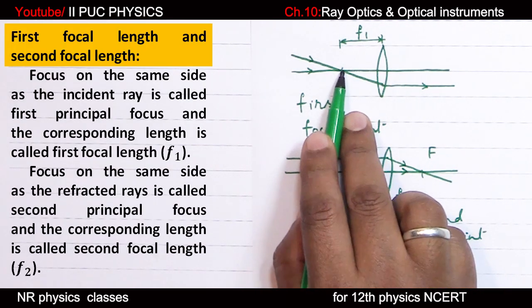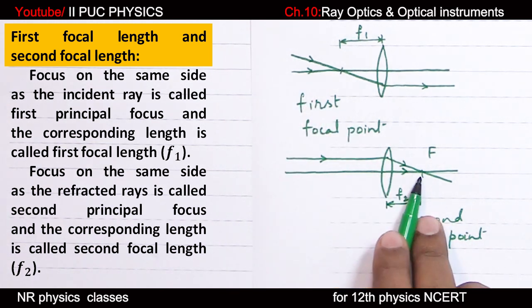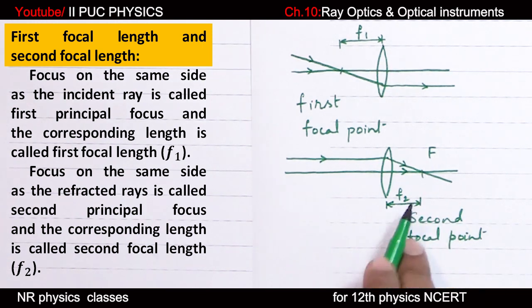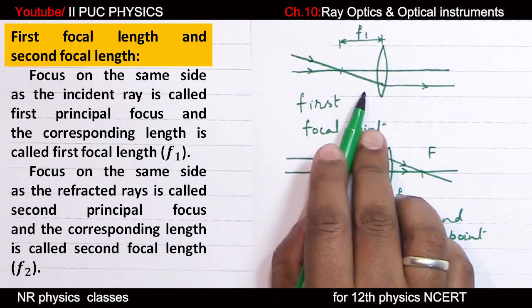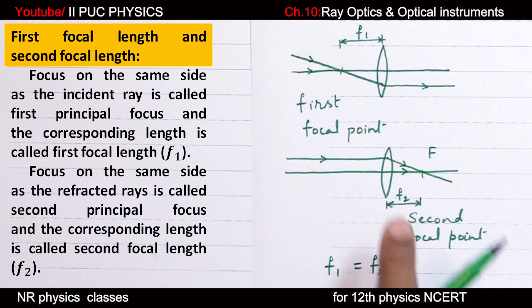The focus on the same side as the incident rays is called the first focus. The focus on the same side as the refracted rays is called the second focus. And surprisingly, f1 equal to f2. These two lengths are the same.